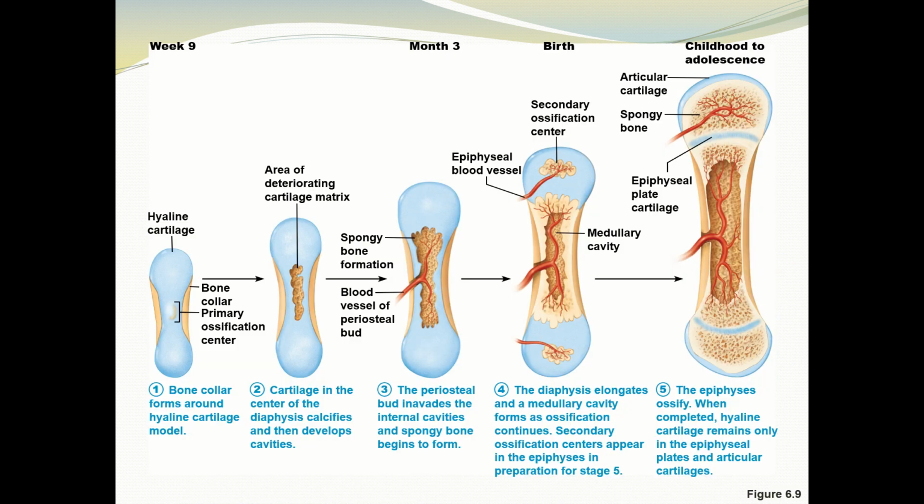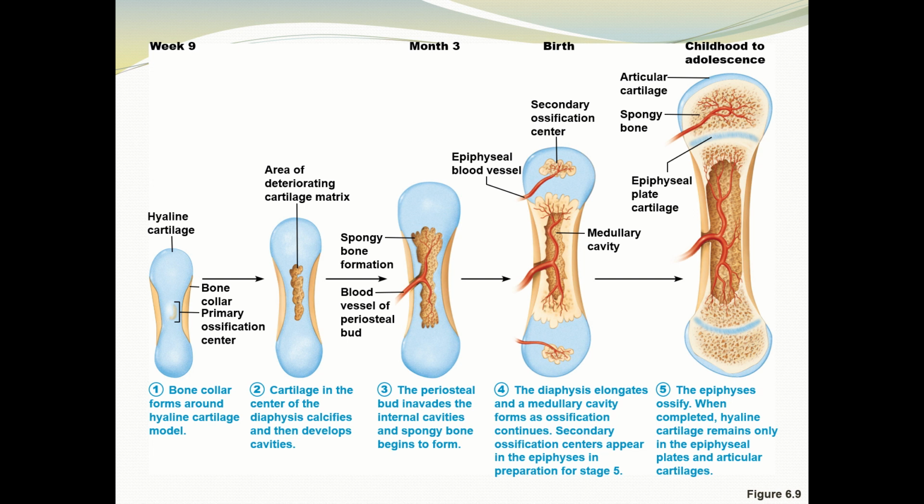At birth, you can see that the bone collar has been formed in a long bone, and there's a medullary cavity and a nutrient foramina allowing for the passage of blood into that medullary cavity, which will be filled with red bone marrow.